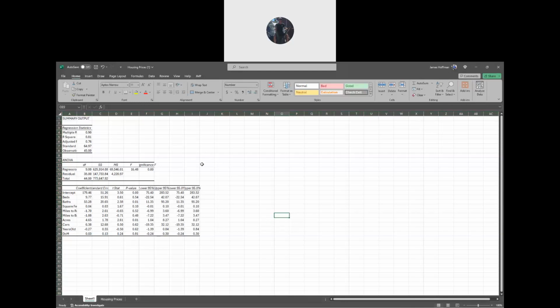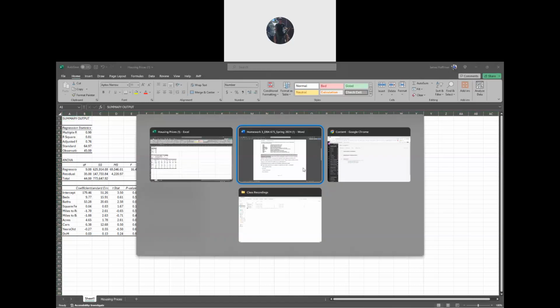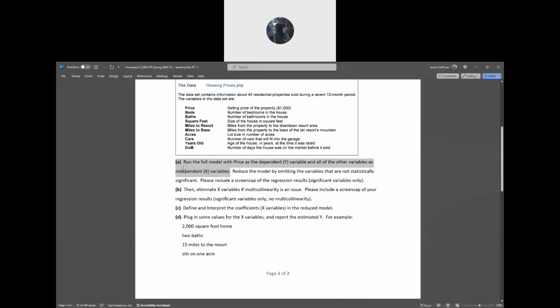And then, okay. So before we start highlighting things, that's the first step. So first part was run the full model with Y, the price variable, and then all the other variables as X. So that's what we've done here, okay?